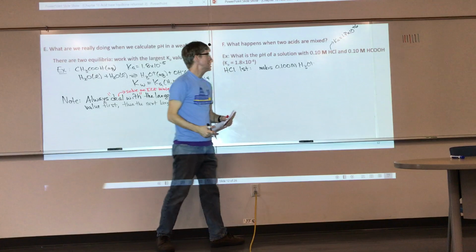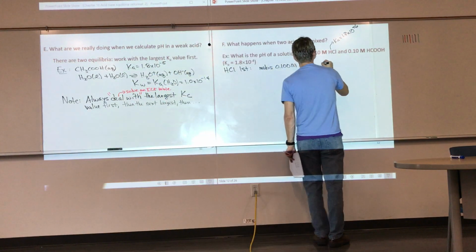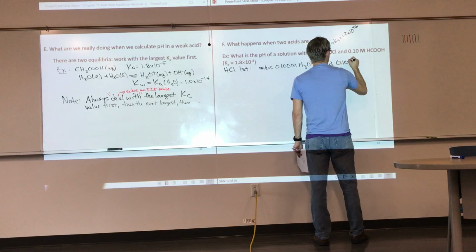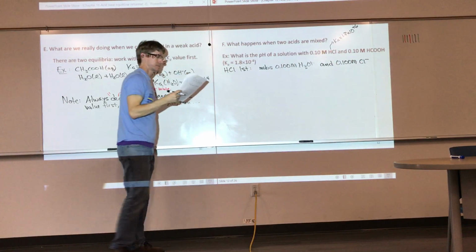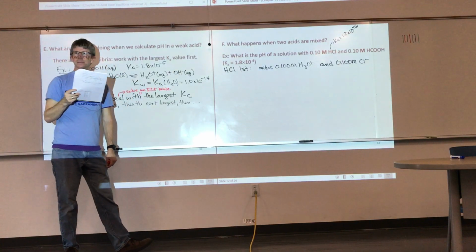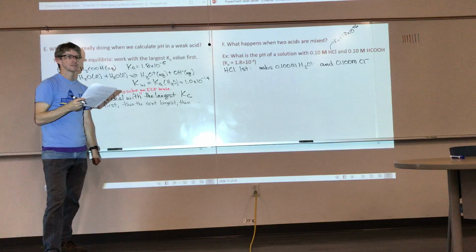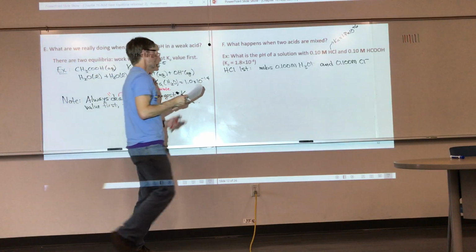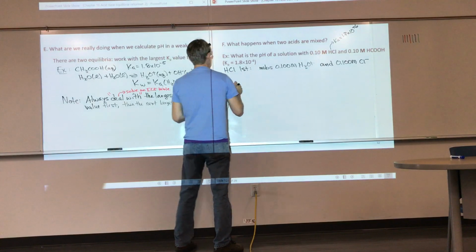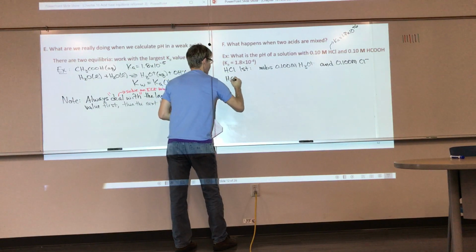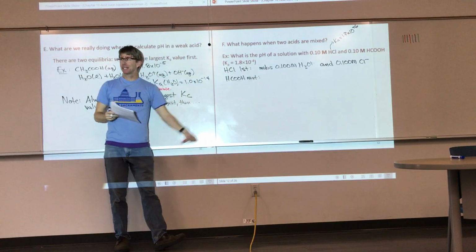So I'll make 0.100 molar hydronium and 0.100 molar chloride. Questions about that? Okay, so formic acid next.